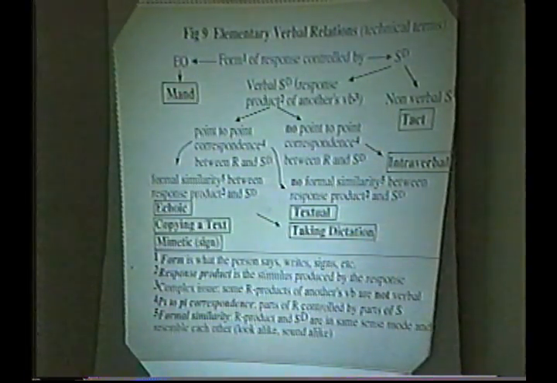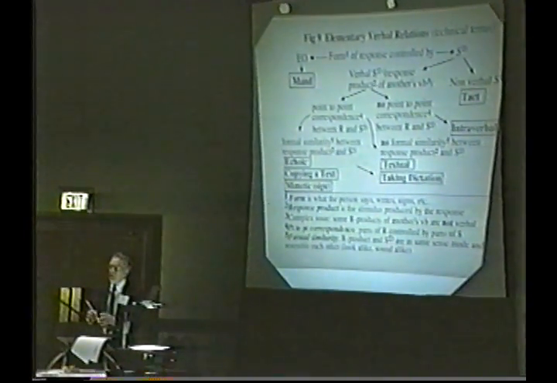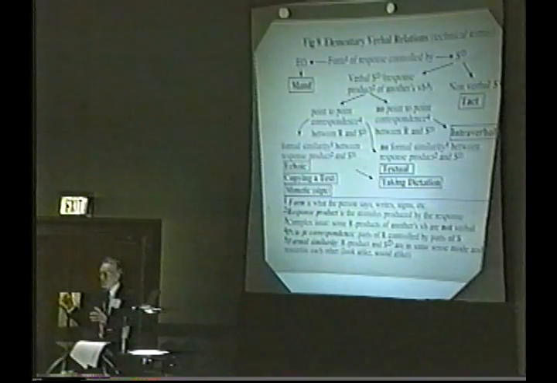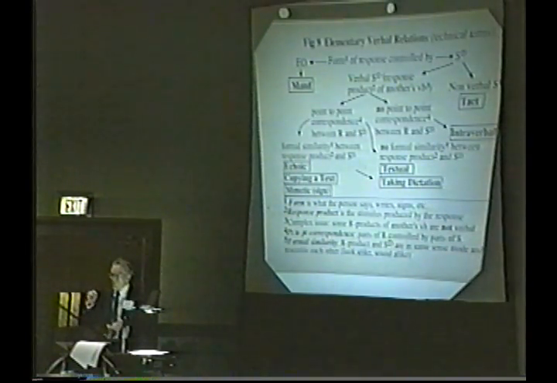So, for example, when a child is being encouraged to say the word alligator, you say to him, say alligator, and he says alligator. The stimulus was an auditory stimulus that began with the sound al, next was the li, next was the ga. So you can see the parts of the stimulus are the auditory stimuli, al, li, ga, and so forth.